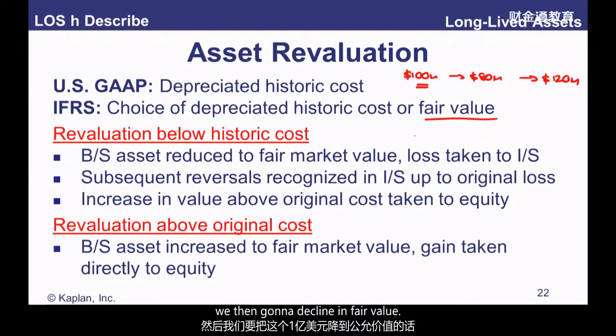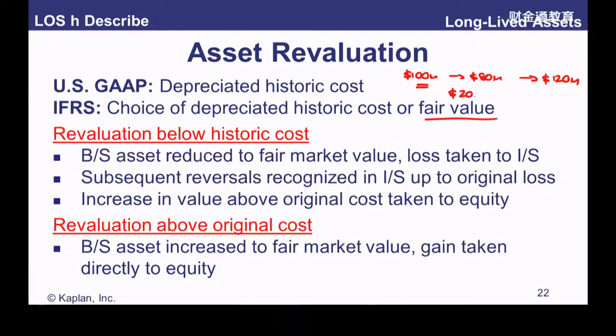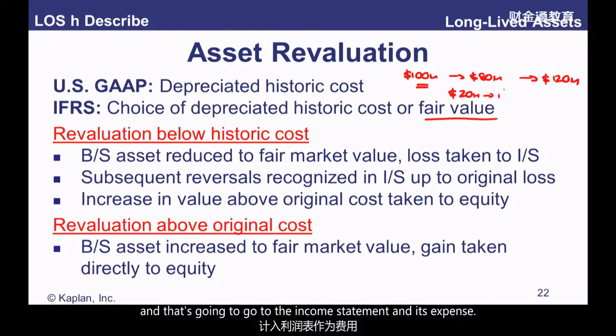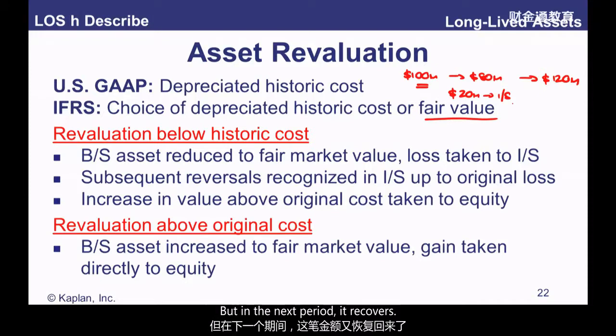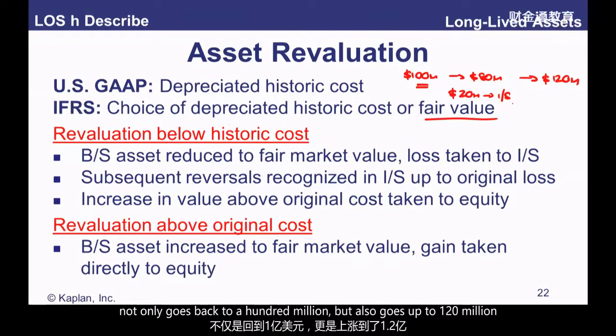We've then got a decline in fair value. That means we're going to take 20 million and that's going to go to the income statement as an expense. But then in the next period it recovers. Now notice it more than recovers. It not only goes back to 100 million, but it goes actually up to 120 million.